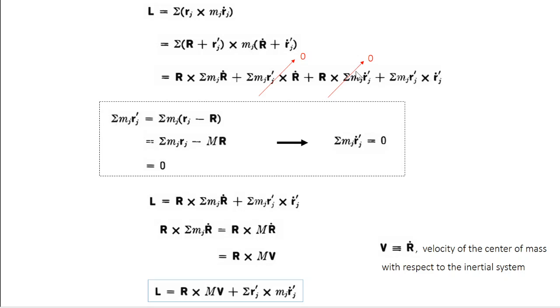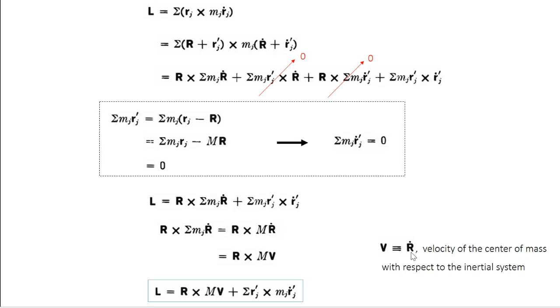Your expression gets simplified as L equal to R cross summation over j mj R dot plus summation over j mj rj prime cross rj prime dot. Now you can simplify this even further. Take the first term. Summation over mj is nothing but capital M. So this is R cross M R dot.